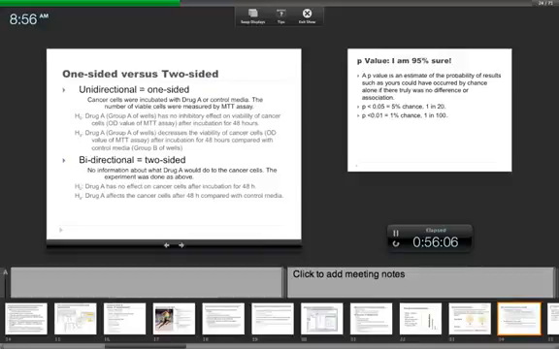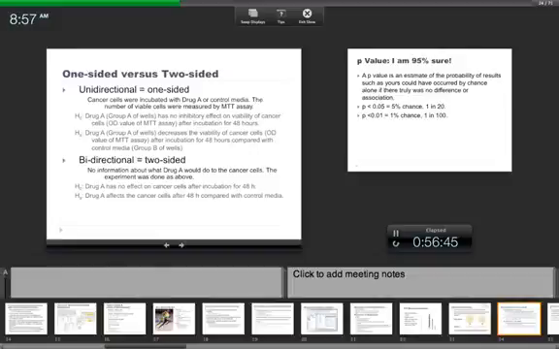So when we do tests to compare two populations, whether we do a one-sided comparison or a two-sided comparison, that choice needs to be based on prior knowledge. Take a unidirectional or one-sided comparison, for example. Cancer cells were incubated with drug A or the control media, and the number of viable cells was then measured by the MTT assay. Do you all know what the MTT assay is?